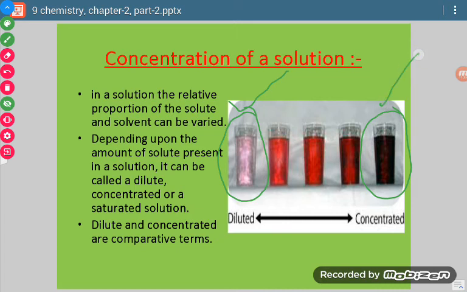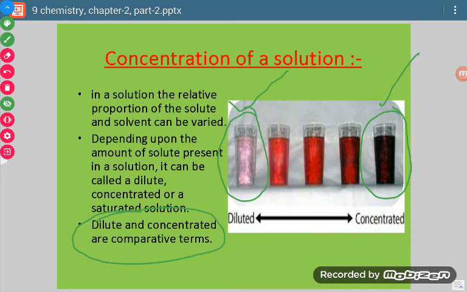And if there is darkness, then we can say there are more solute particles and this solution is more concentrated. So dilute and concentrated are comparative terms. We can comparatively say that a particular substance is less concentrated in comparison to another or not.